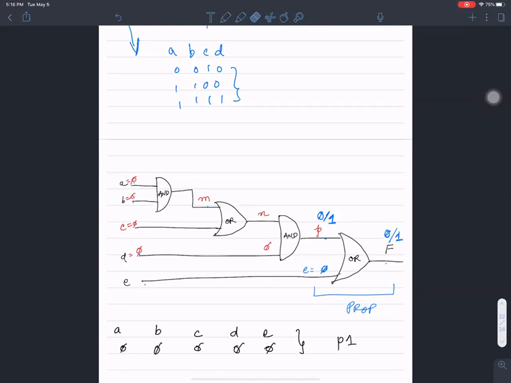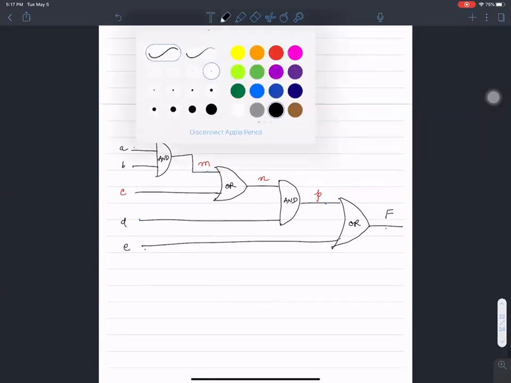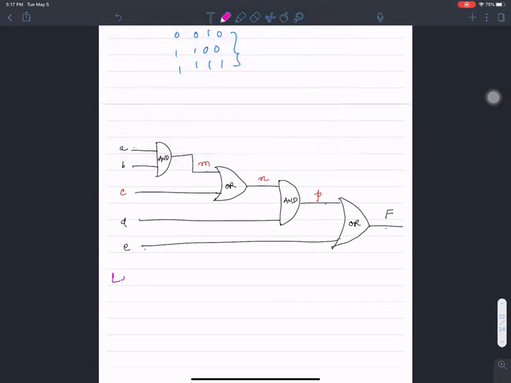So let's do one more quick example, and then take the idea further. Let's say you want to test for, I don't know, M stuck at 0 or stuck at 1. Let's test for M stuck at 0, which is M0.